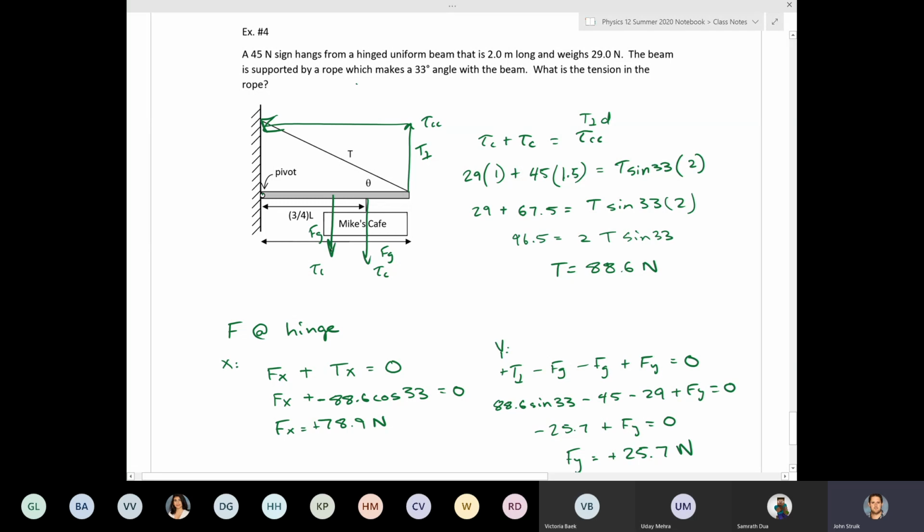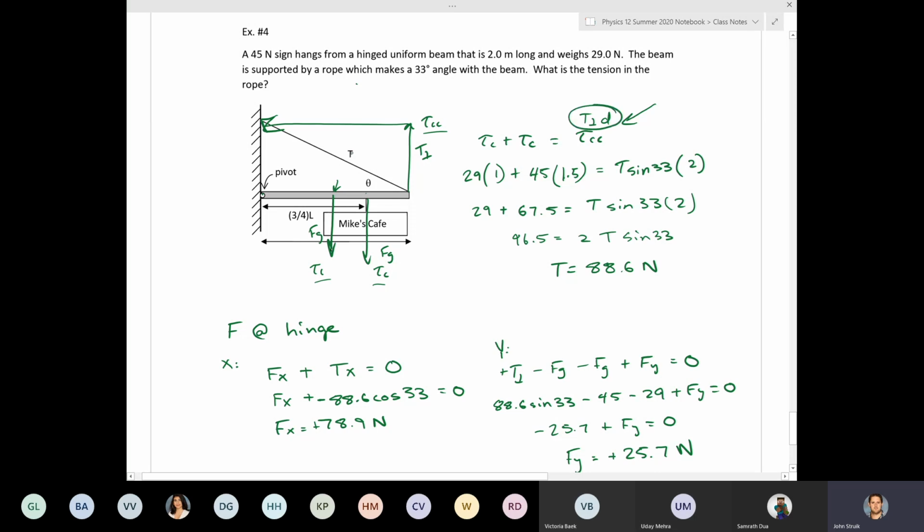So this torque clockwise plus this torque clockwise has to equal this torque counterclockwise, which is this equation right there. And then all you're doing is putting in each individual force times distance. So 29 times 1, because it's 1 meter away, 45 times 1.5, because it's 1.5 meters away. And then in terms of torque, it's the T perpendicular times the distance.